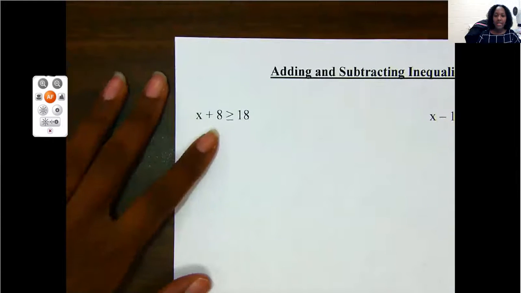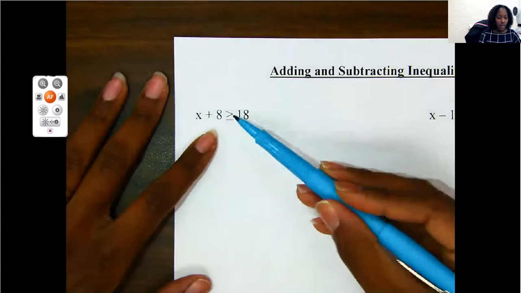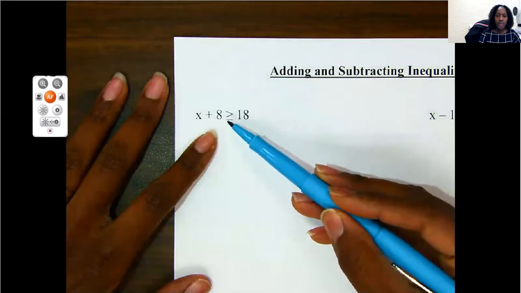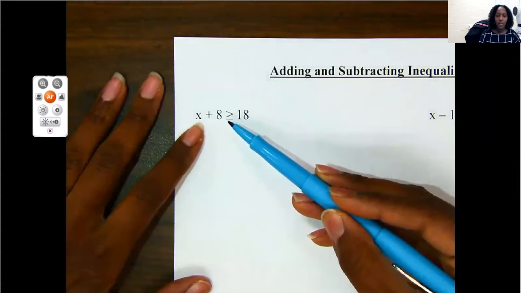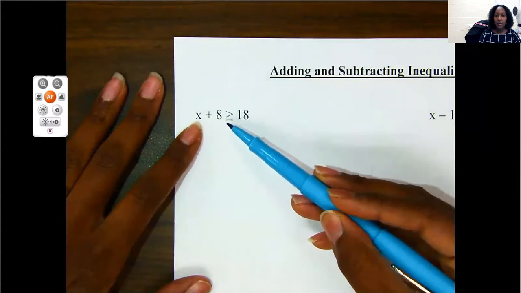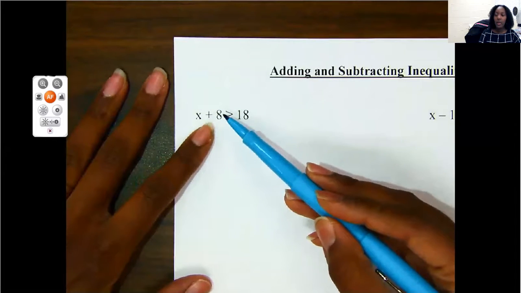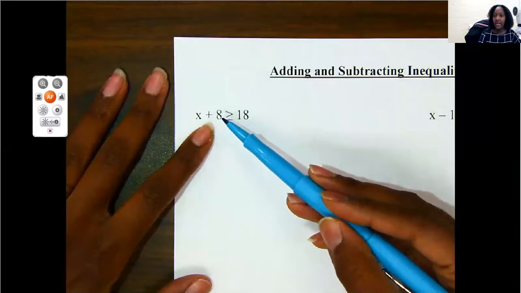We have x plus 8 is greater than or equal to 18, okay? We're going to ignore the inequality symbol. We're just going to focus on the variable. I want x by itself. In order to get x by itself, I must get rid of the positive 8. The opposite of a positive 8 is a negative 8.